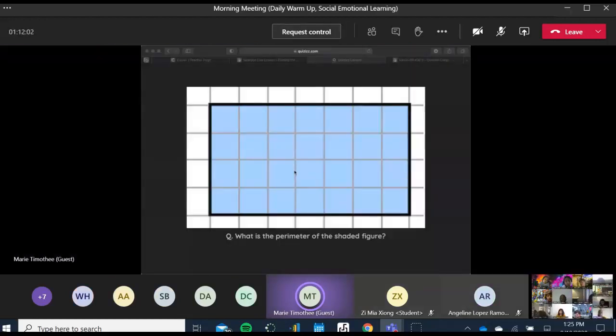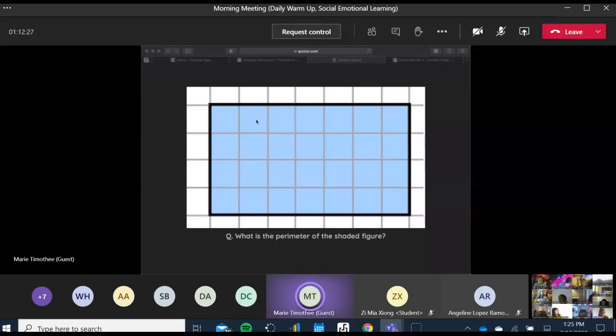You can add the top and add the side to find your perimeter. Over here on the side, we have 1, 2, 3, 4. So we have 4 units on this side, and this side would be 4 too.